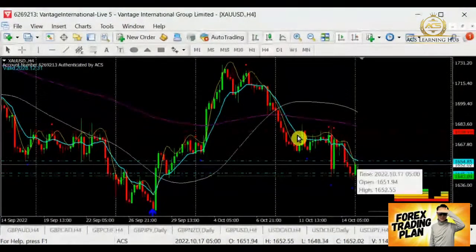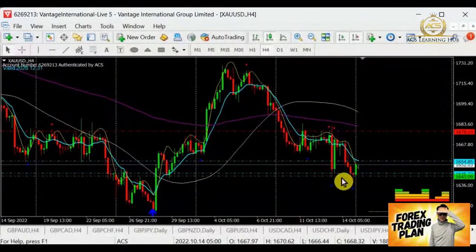Then after that, we reached 43. It hit our target, and now where is it going? I would say it is going back for a short-term buy, because we are still selling. As for gold, there's still plenty of downwards opportunity, so we should be selling.